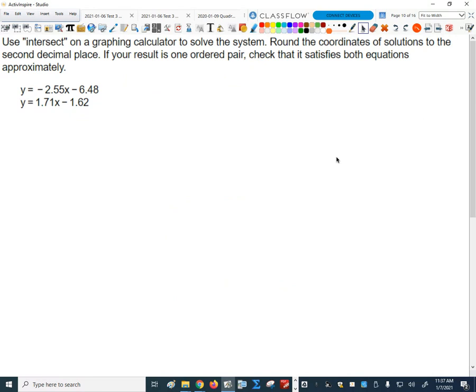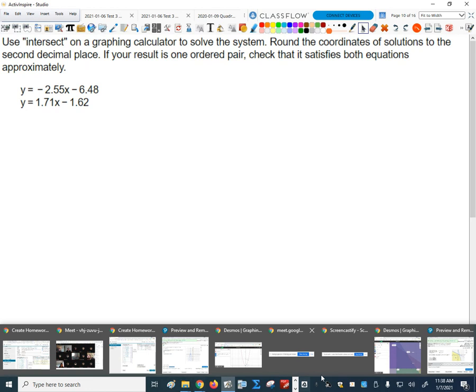All right, last one. So now we're to the graphing part of this. A lot of this is pretty quick because I can use Desmos graphing on this.